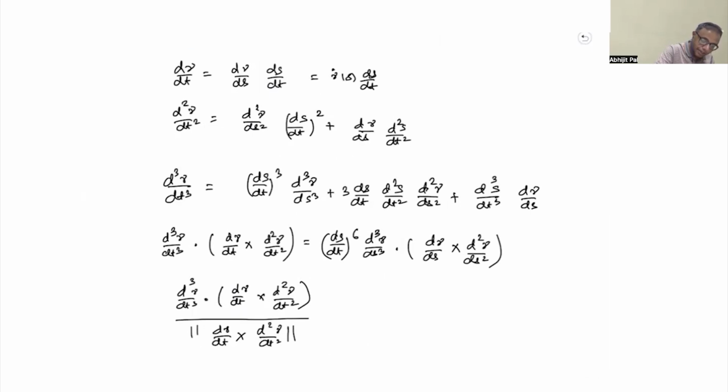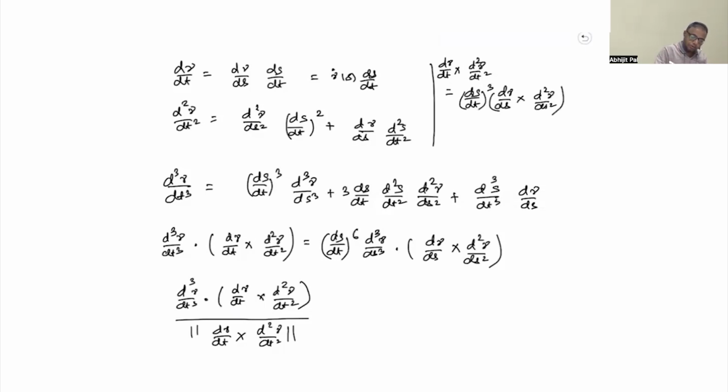This d gamma dt vector product with d2 gamma dt2 is equal to (ds dt) whole cube times d gamma ds vector product with d2 gamma ds2.